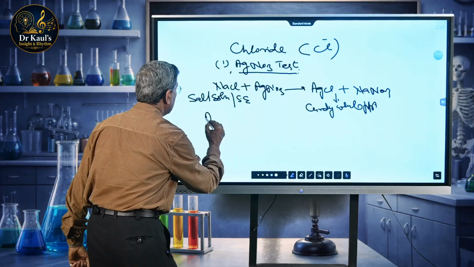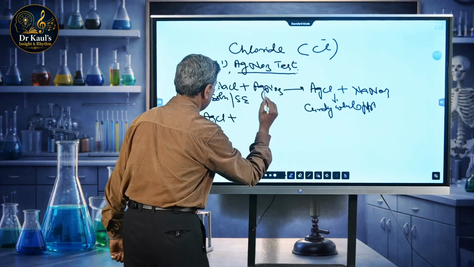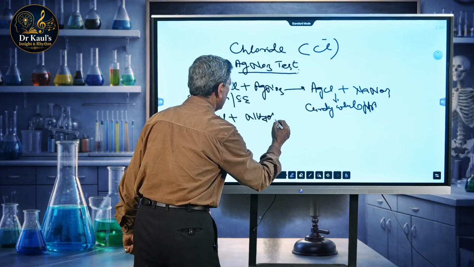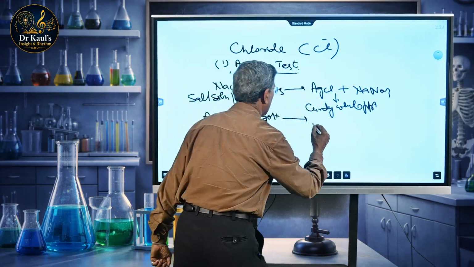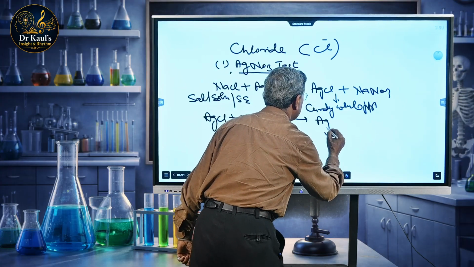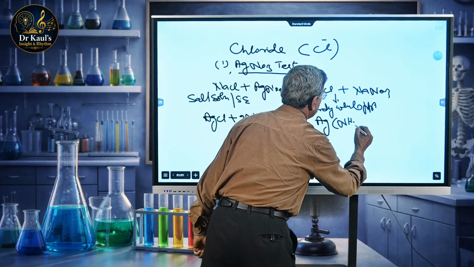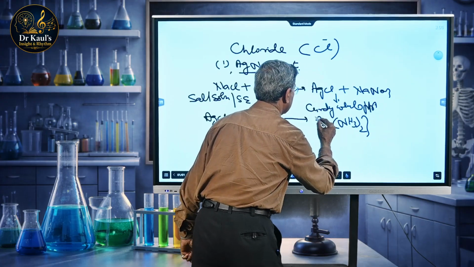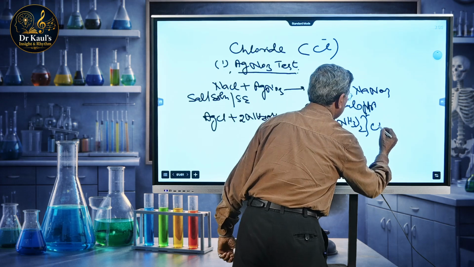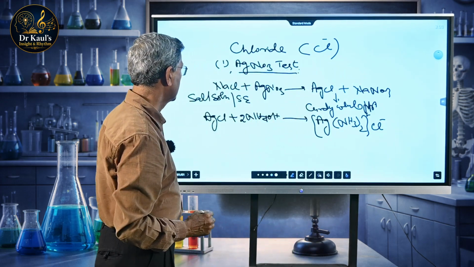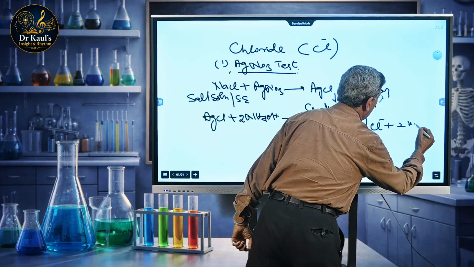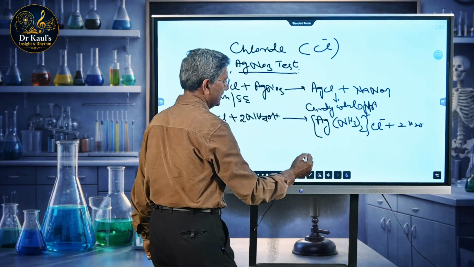How? AgCl plus ammonium hydroxide. We take 2 molecules of this, and we get the formation of a complex, Ag(NH₃)₂Cl, plus of course 2 waters, and this is water soluble.